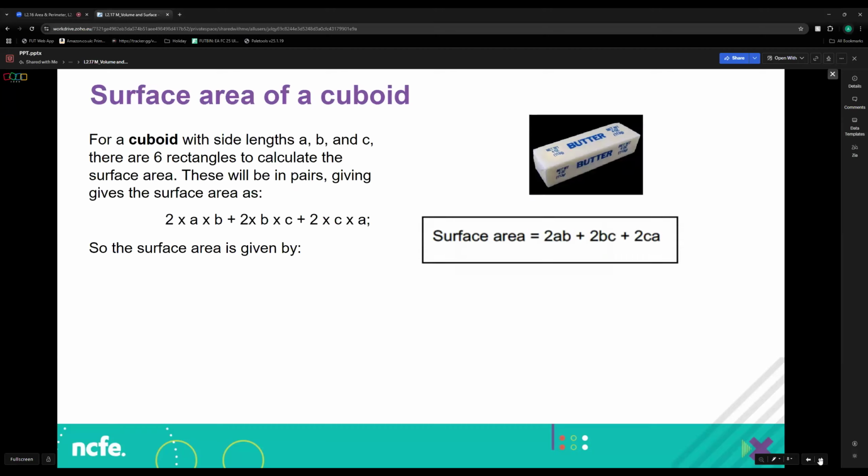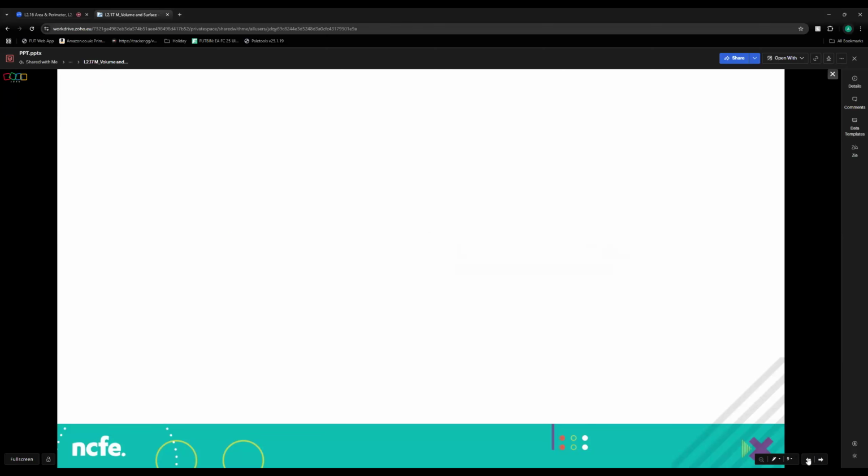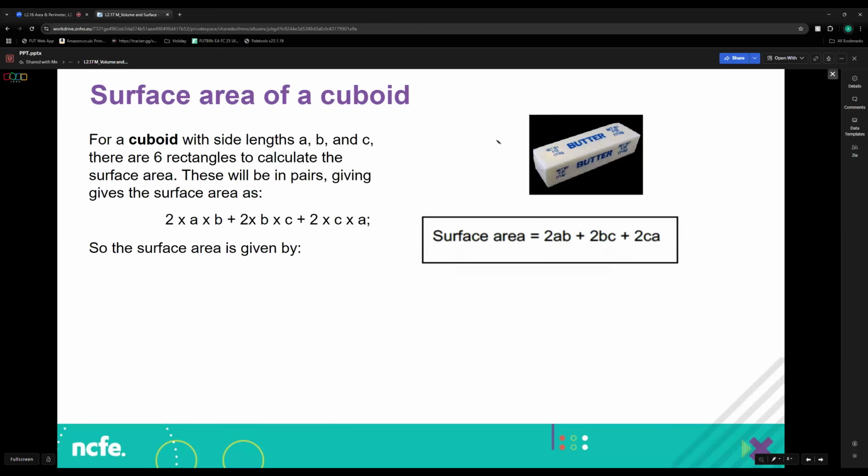So this is what I meant about a cuboid, right? I think letters can be confusing for something so simple. Because you need to times this by this, and then times it by this, okay?